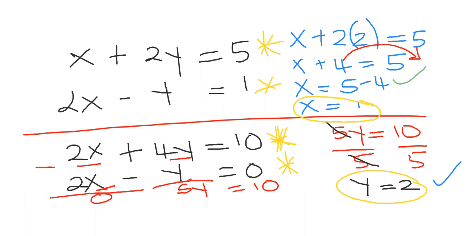If it was positive, it becomes negative. If it was negative, it becomes positive. In this case, we have a positive 4, so when the positive 4 goes to the other side of the equal sign, it becomes negative. So that's how we solve simultaneous equations using elimination.